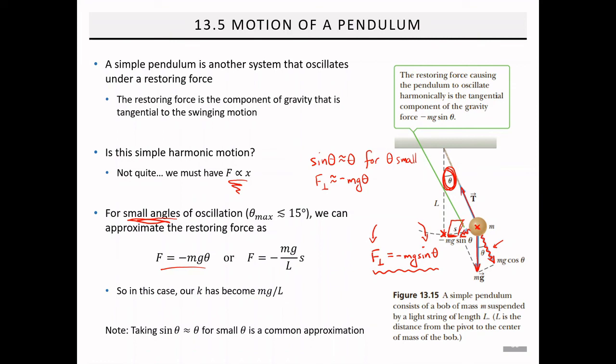So using a little geometry, I can show that the restoring force is equal to minus mg divided by L times S. So the mass of the object times the gravitational constant divided by the length of the string times the arc length.